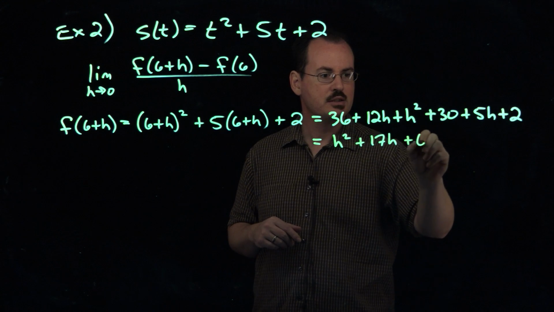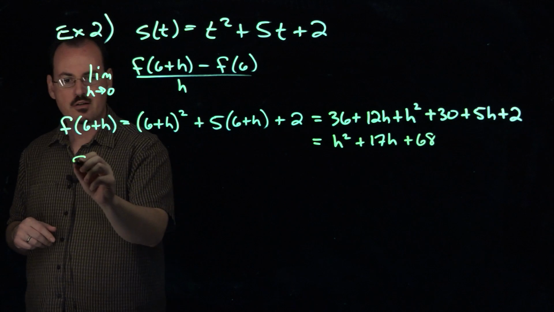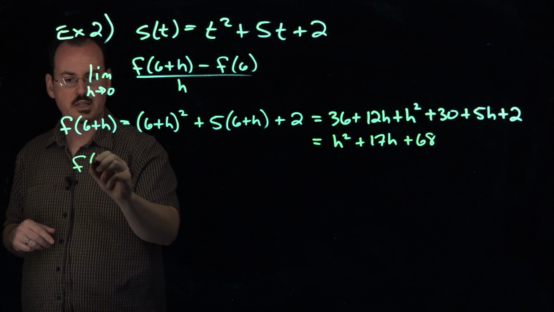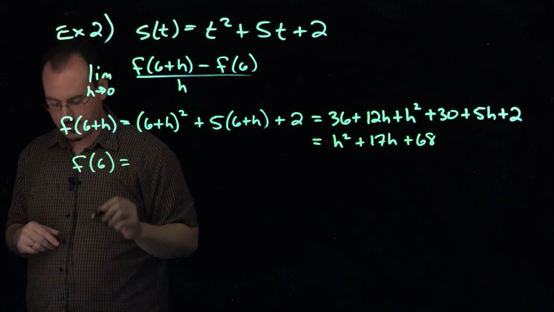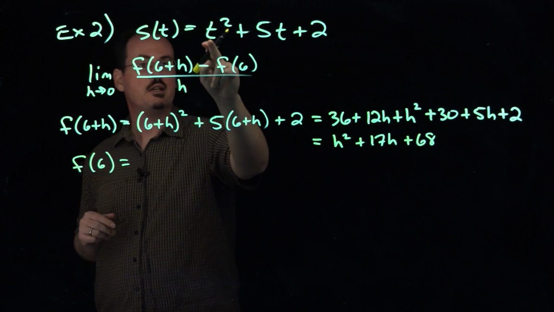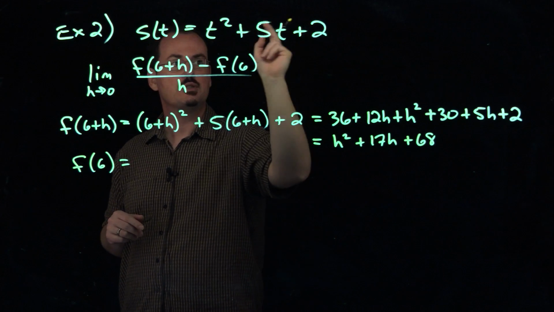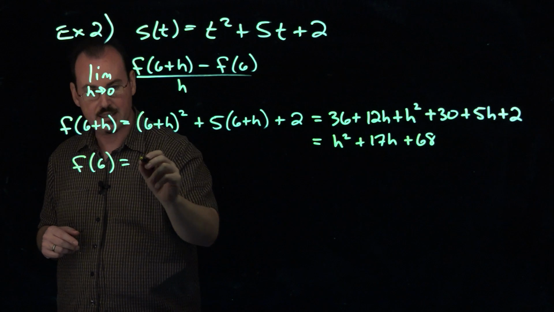So we're going to have plus 68 on that. And then if you find f of 6, that's the other one we need. f of 6 is, as it turns out, 68. If you plug 6 in here, you'll find that's 36 plus 30 plus 2, that's 68.